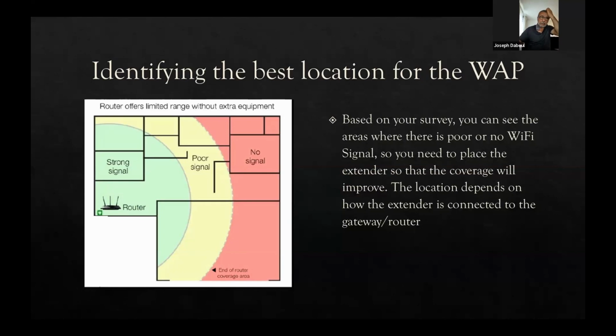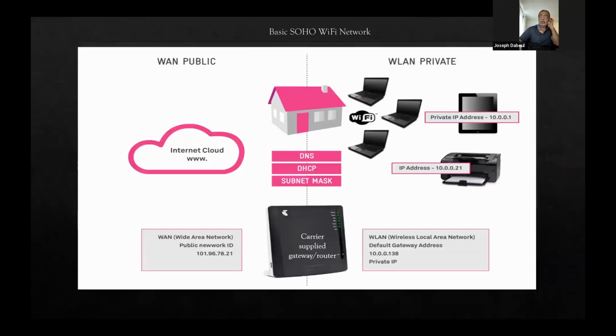The next thing we're going to do is we're going to start looking at how to actually start configuring that. But before we do, you need to know the structure of a local area network. We have a router, which is the gateway, and that is basically the heart of the entire system.